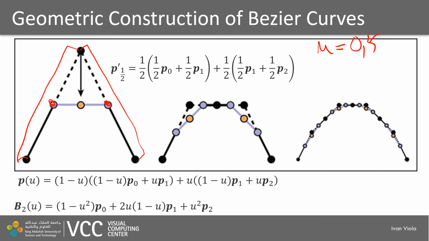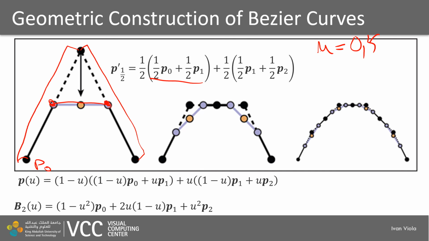And then we create a third line segment which we connect through these two midpoints. So the first expression here is 1/2 of P0.